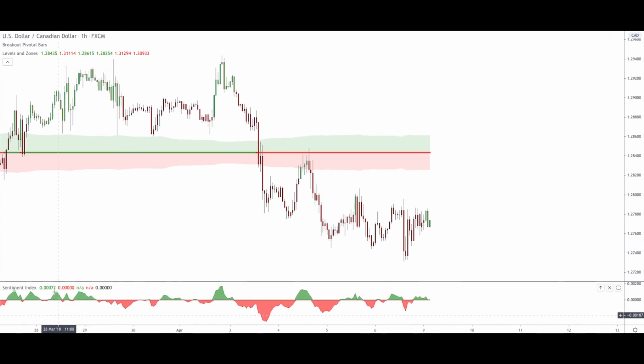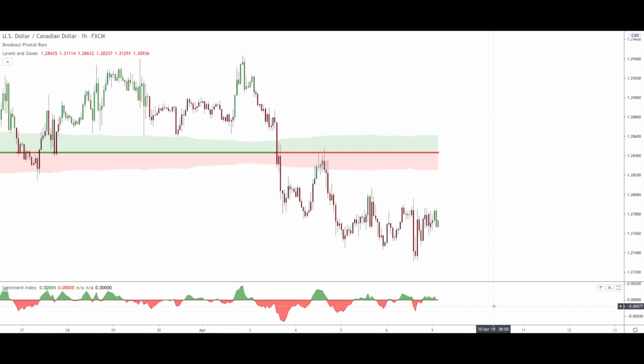The second one is the sentiment index, which is giving us the indication of what the sentiment of the market is, whether it is bullish, so green, or bearish, so red, and its trend. So in this case you see that we have bearish sentiment as well as here and here, but it is progressively increasing, meaning that the bearish sentiment is decreasing, is fading away.